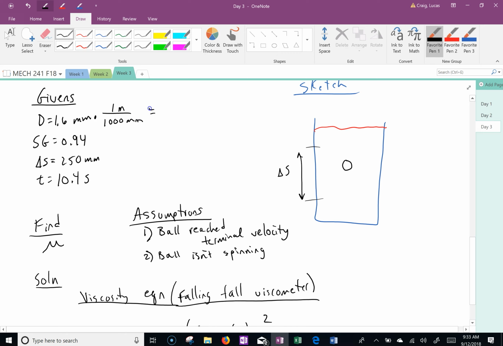Yep. So we bring it over how many zeros? Should be, yeah, you bring it over 3. That's how I do it. Count the number of zeros on 1,000, bring it over that many. Okay. Might as well convert delta S too, right?